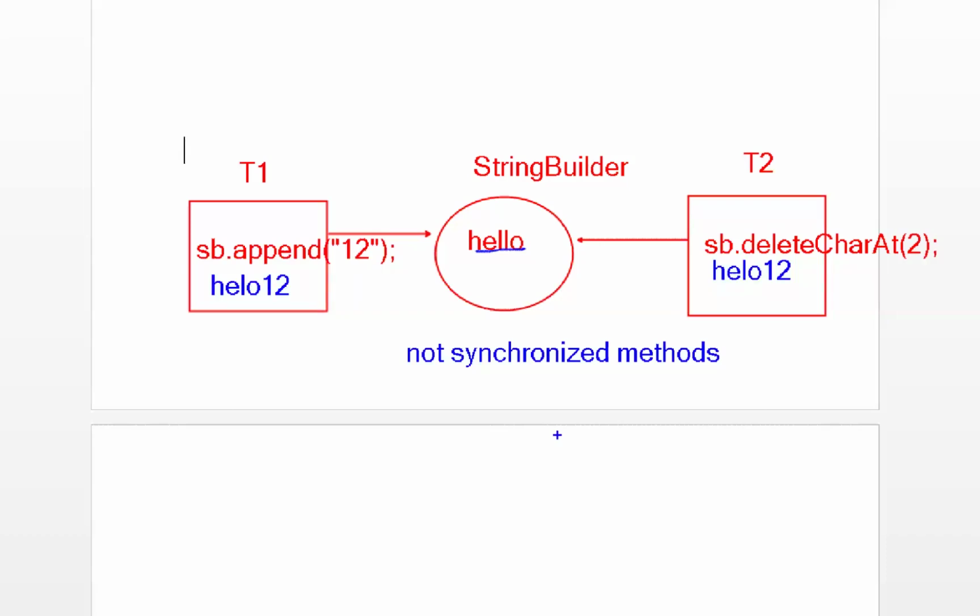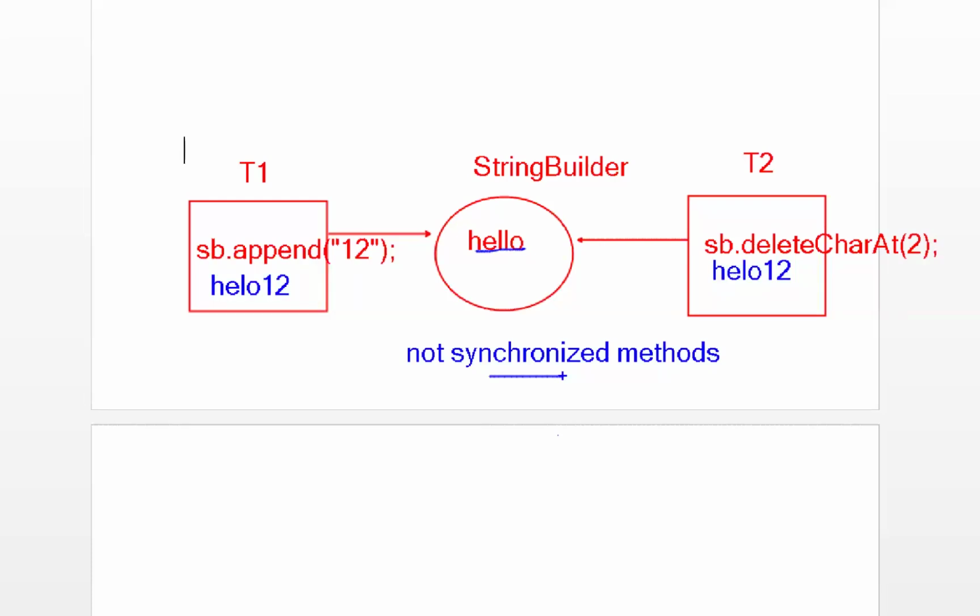Its methods are not synchronized. Synchronized methods are costly. Costly in the sense that if you call the method, some time it will take to run. But string builder methods are not synchronized, so they execute faster compared with synchronized ones.